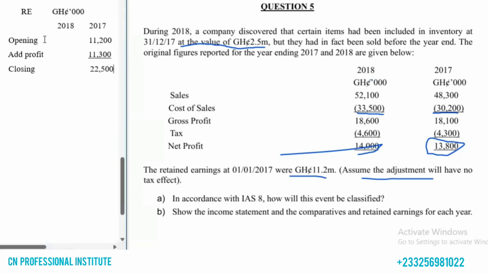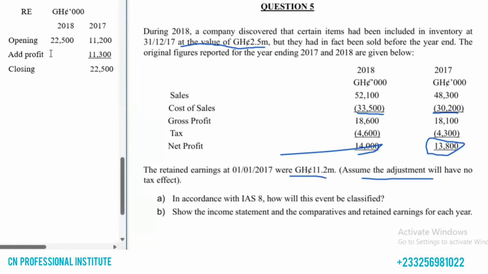And then we know that the closing of one year becomes what? The opening of the other year. Okay. So if 2017 closing is 22,500, then when we go to 2018, that will become the opening. So 22,500, right? Then we add profit for 2018.